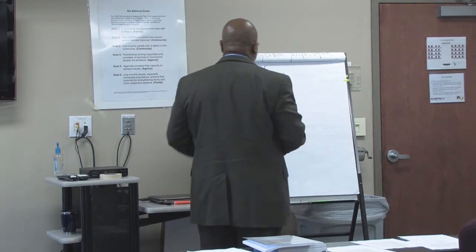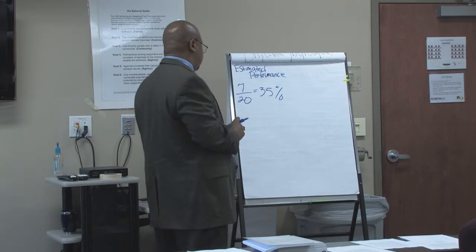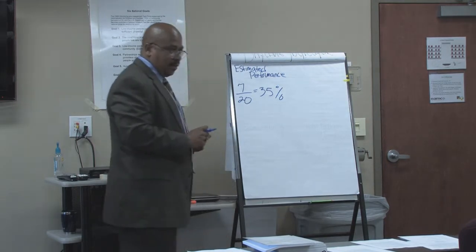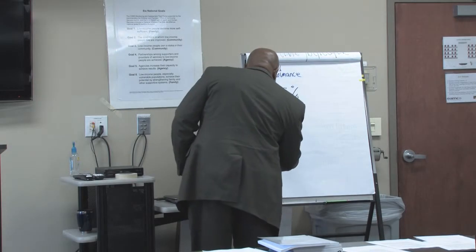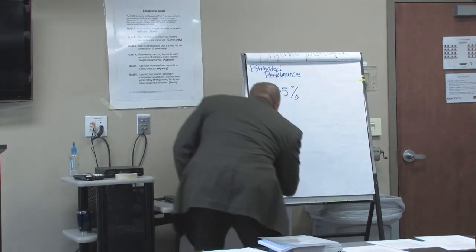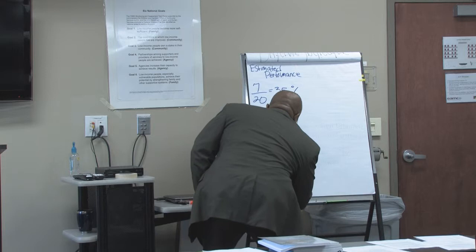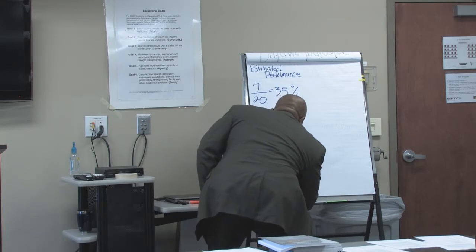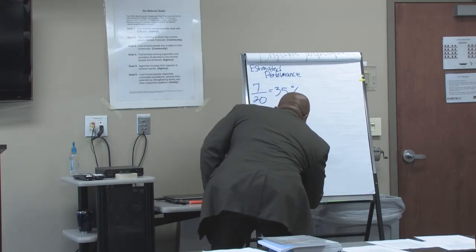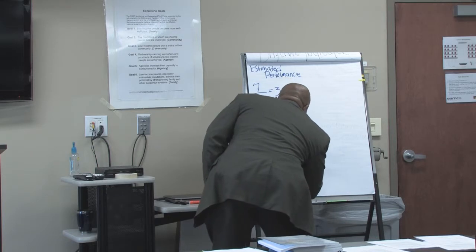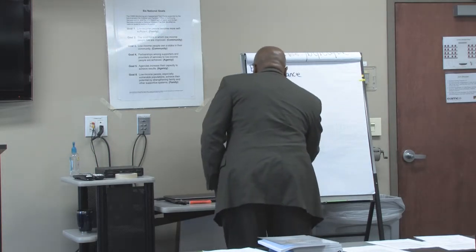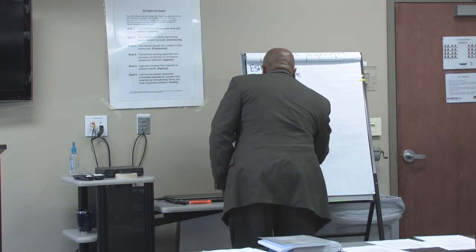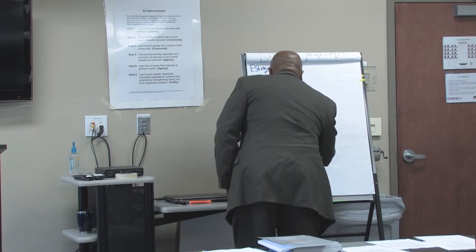That's the estimated performance. Actually, 5 families completed or enrolled. That gives you 25%, and that's your actual performance.